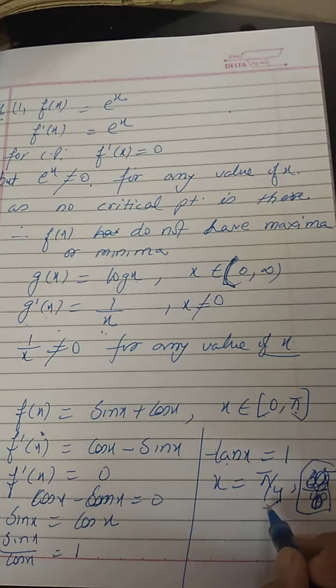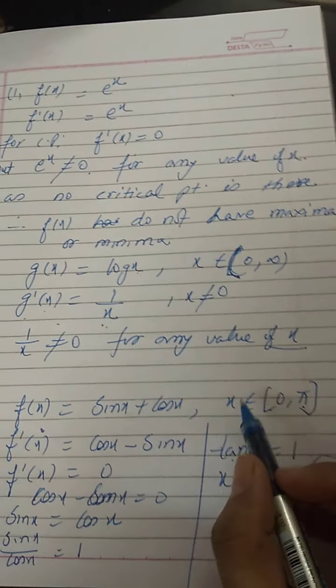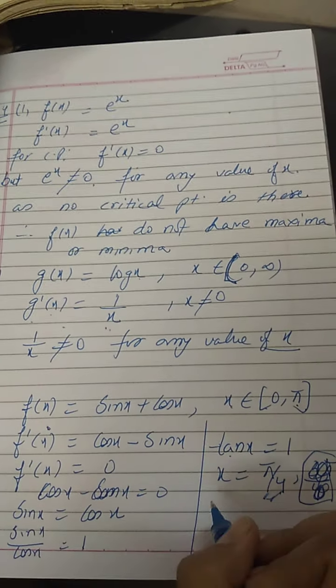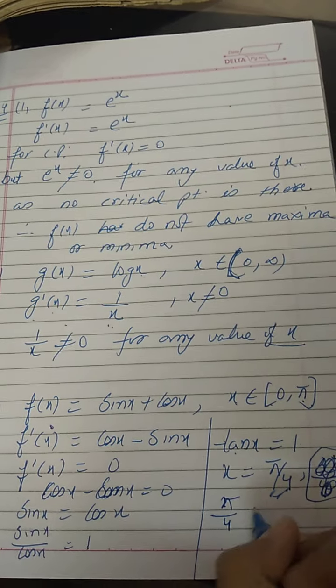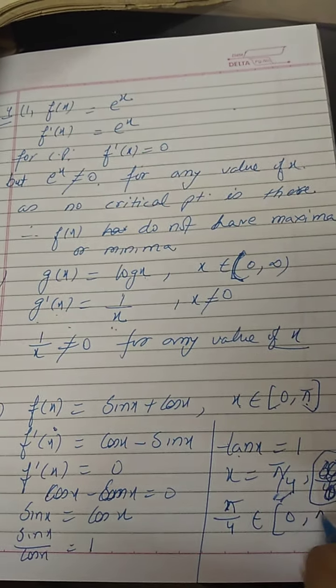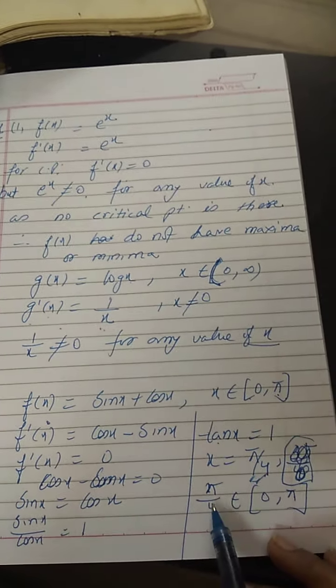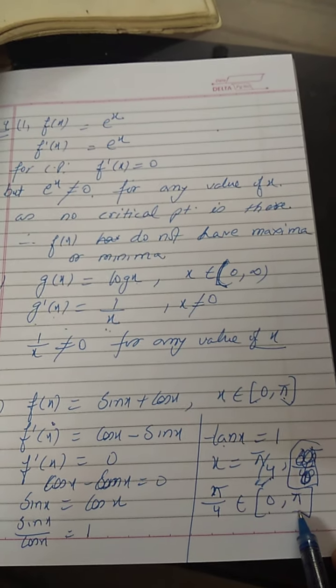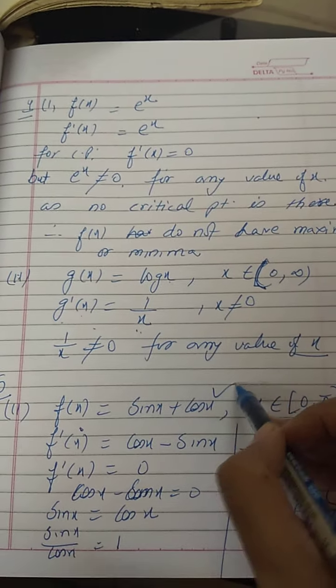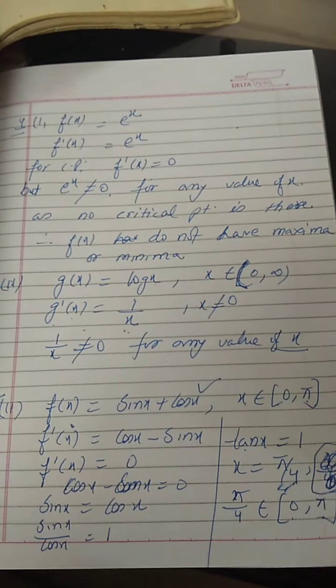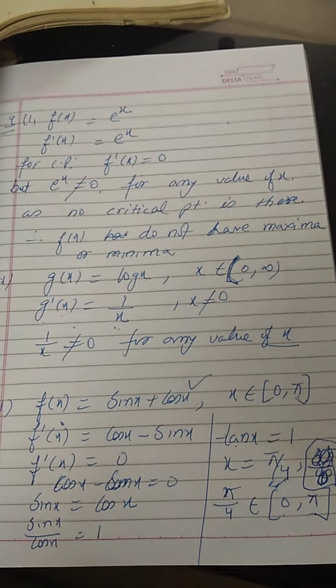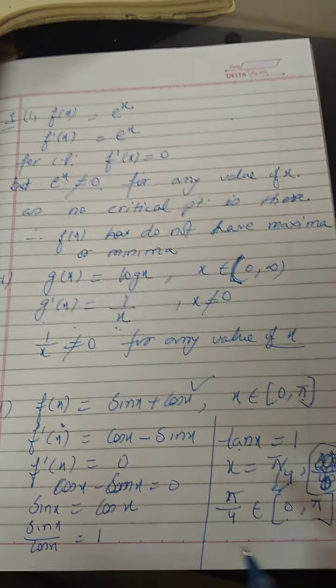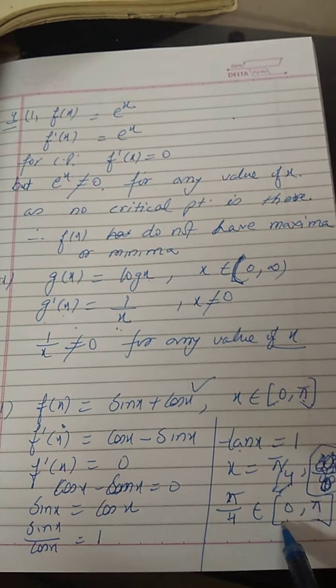So there is only one point, that is pi by 4, and pi by 4 belongs to the given interval 0 to pi. One critical point is there, two endpoints are there, and this is our function. So as we discussed in the previous video, we will find the value of the function at pi by 4, at 0 and at pi, right?